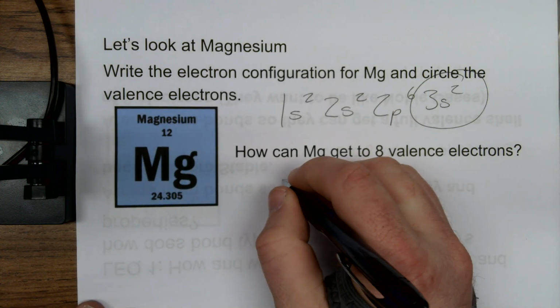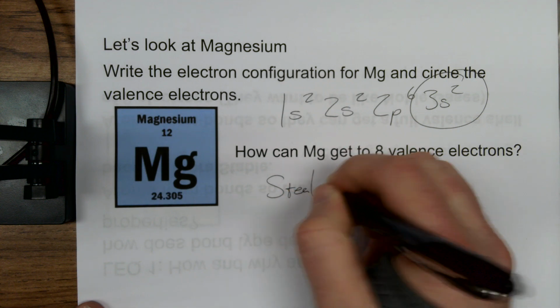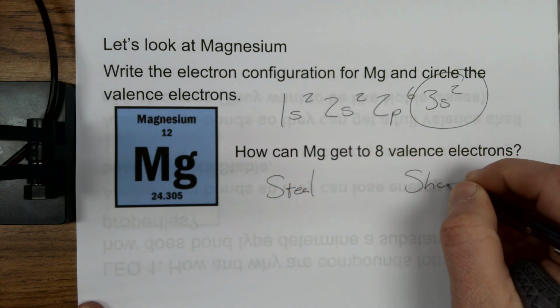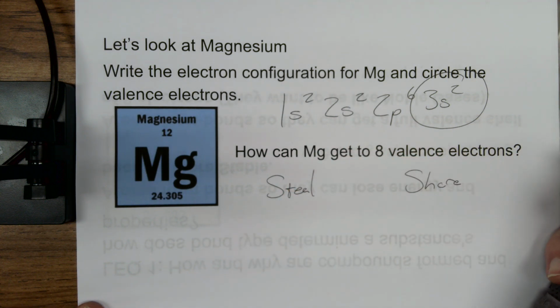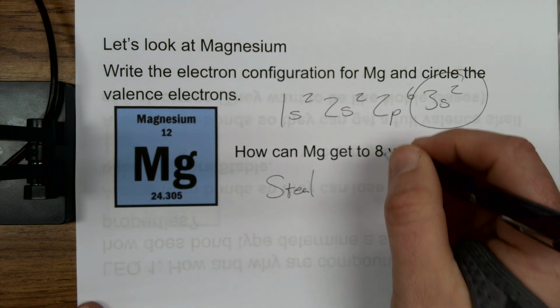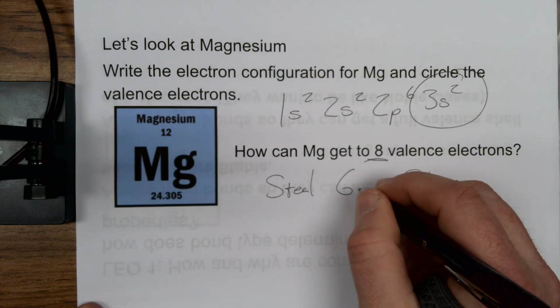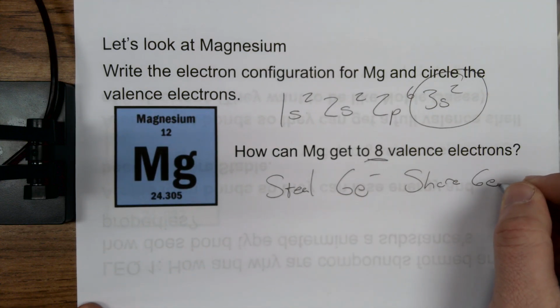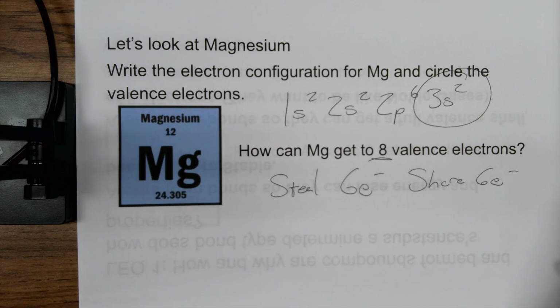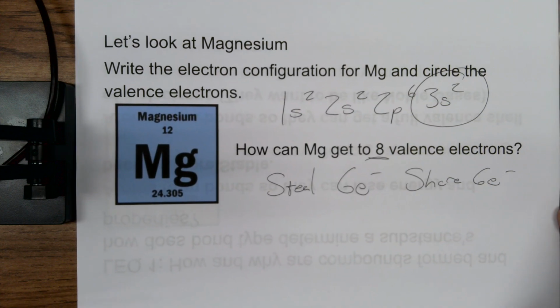So if magnesium were to steal or share electrons, how many electrons would it need? 6. The goal is 8. I have 2, so I need 6 electrons. Whether I steal them or share them with another element, I need 6 to get the outermost electron shell to 8.